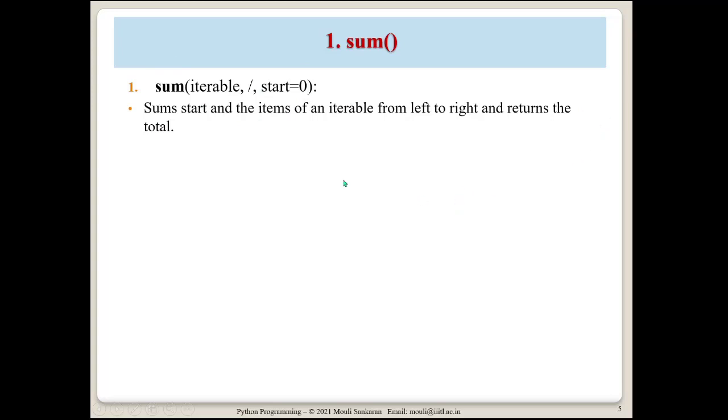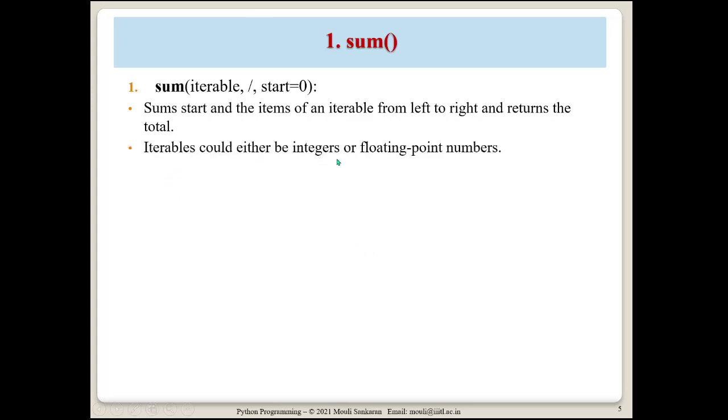Sometimes the order doesn't matter, but if you are working with floating point numbers, order matters, because when you are adding, smaller values might get lost. But in our Python case, integers are also expandable, so order doesn't matter at all. But the implementation says that it is going to add from left to right and return the total.